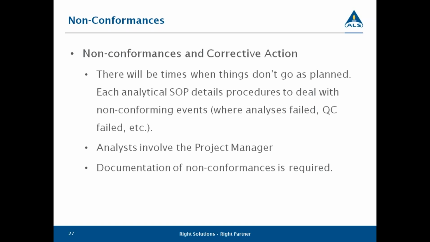When this happens, the analysts and managers, including project managers at laboratories, then communicate with the client to determine a plan of action, whether the results are reportable or not, whether we need to go back and do some reanalyses. There's always documentation of nonconformances so that we basically do not repeat it again.